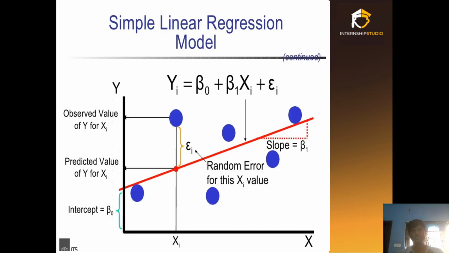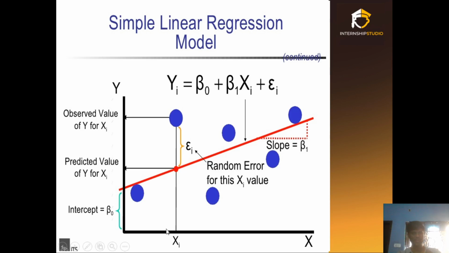Then, once you have plotted the simple linear regression model, you can see the observed value of y for xi. This is the observed value, and this is the predicted value. Once you have fitted the line to this set of samples, it fits all the data points in an appropriately approximate manner.